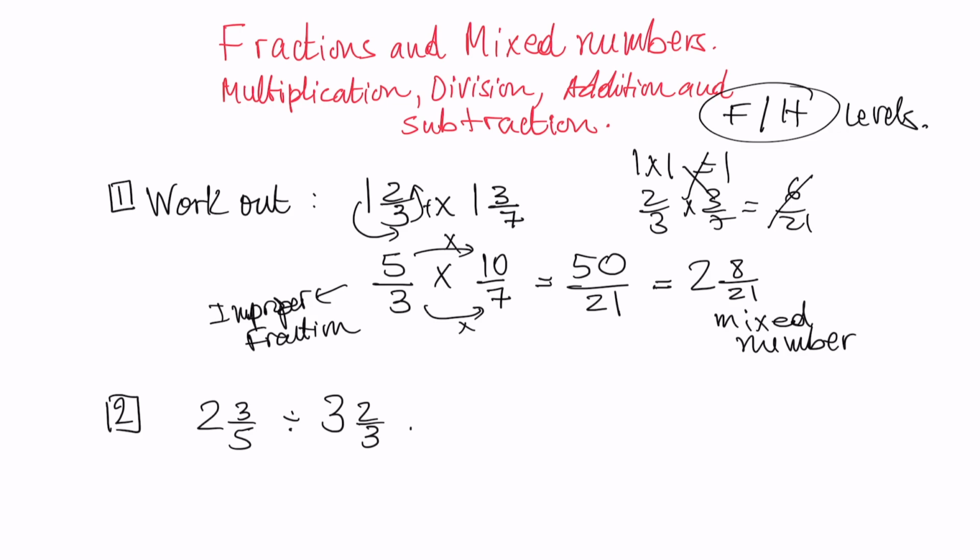Again, if you do 2 divided by 3 and 3/5 divided by 2/3, you will get the wrong answer. You need to convert your mixed numbers into improper fractions. 2 times 5 is 10. 10 plus 3 is 13/5. Divided by 3 times 3 is 9. 9 plus 2 is 11. So it's 11/3.